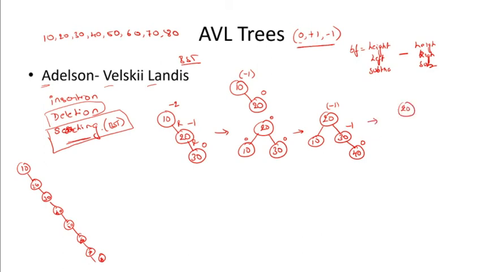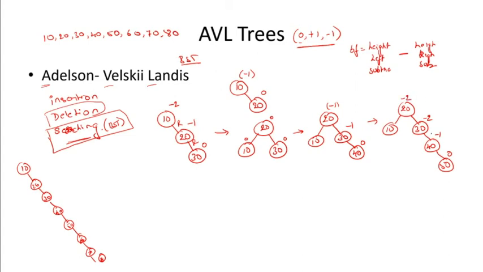So next I'll try to insert 50. So 20, 10 here, you have 30 here, you have 40 here, and then you try to insert 50 here. So what happened? You have balance factor 0, minus 1, minus 2. This is also minus 2.